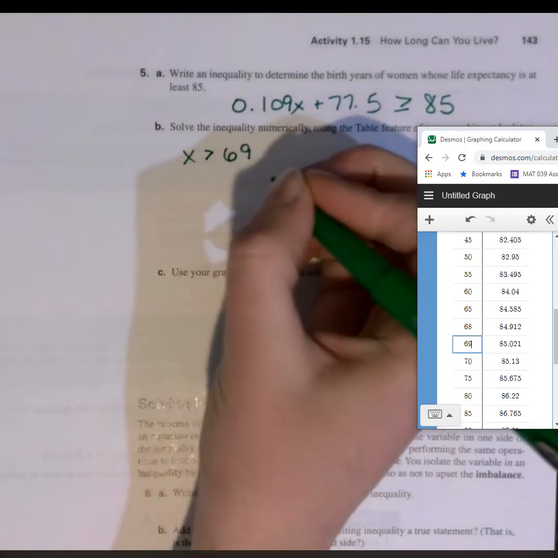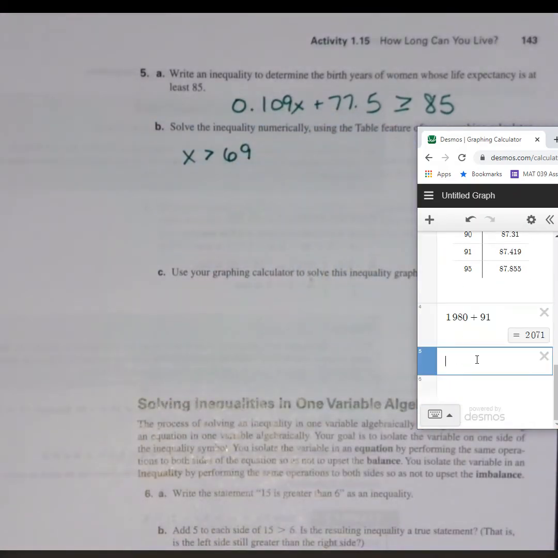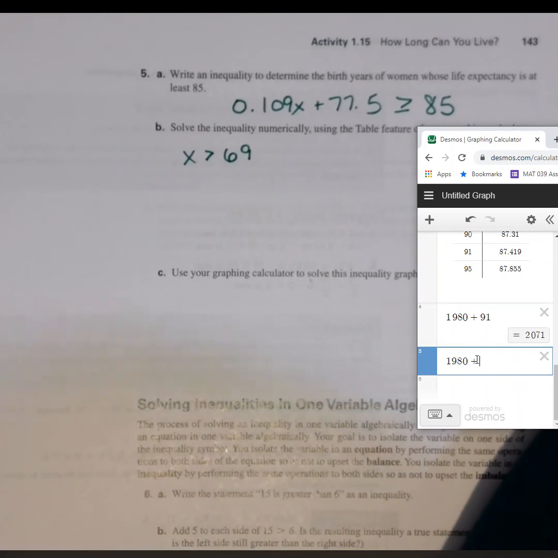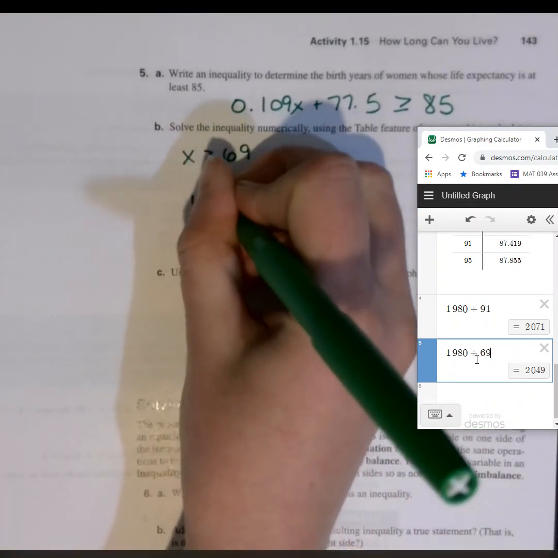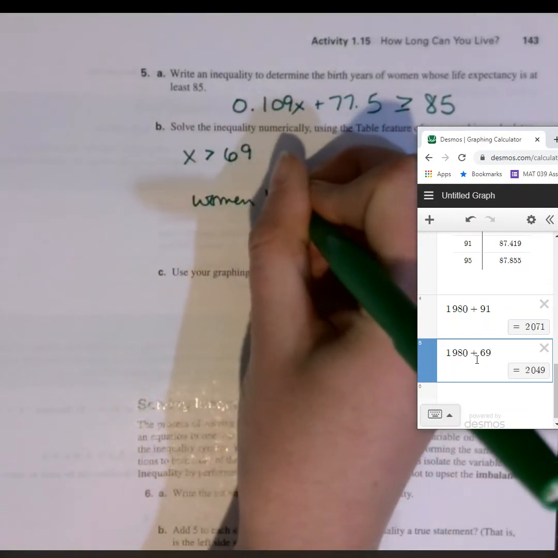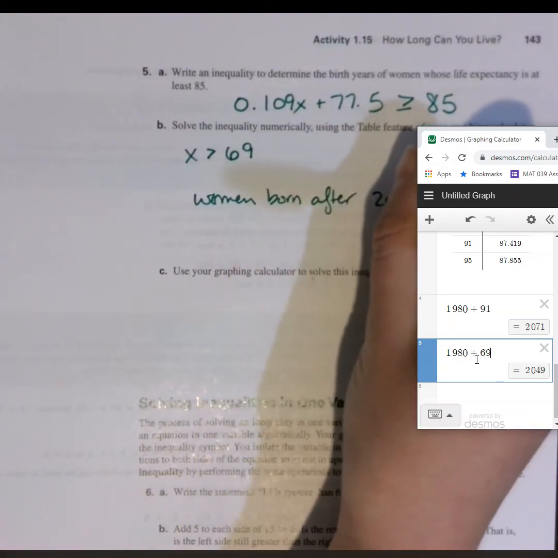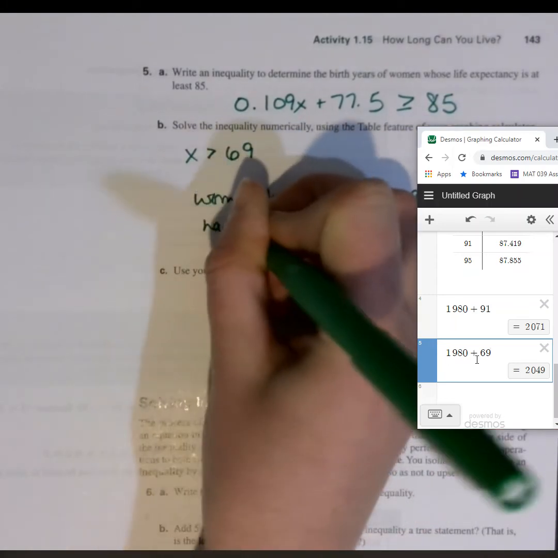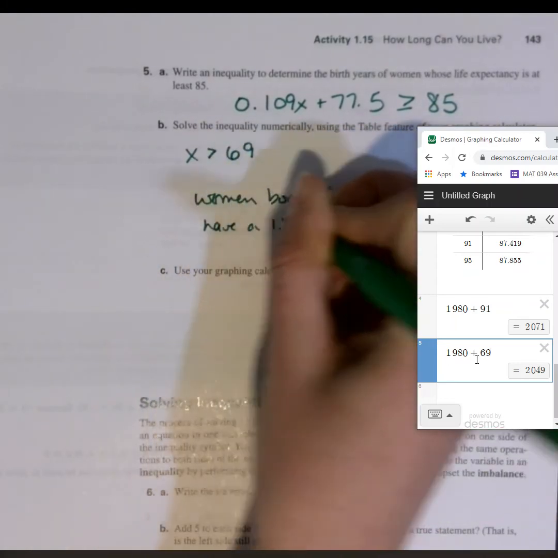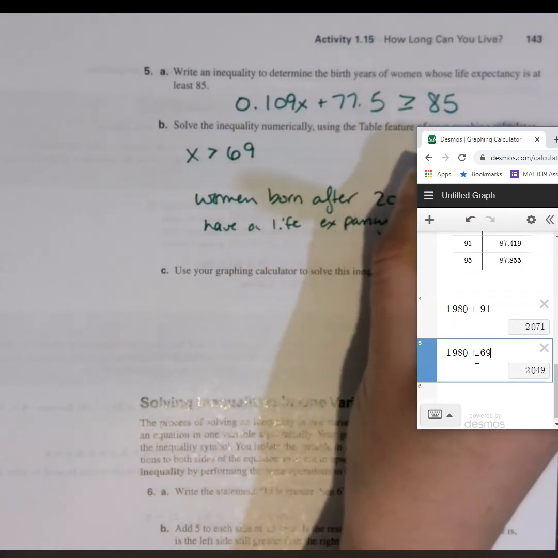So we're 69 years after our starting year, which was 1980. So that puts us into the year 2049. So women born after 2049 will have a life expectancy of at least 85.